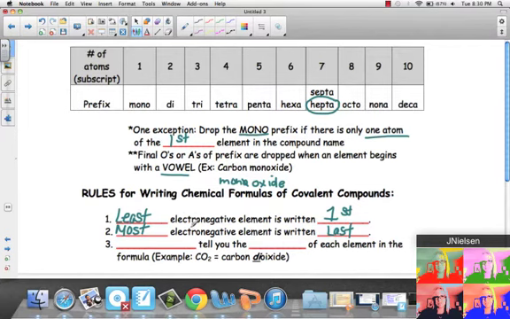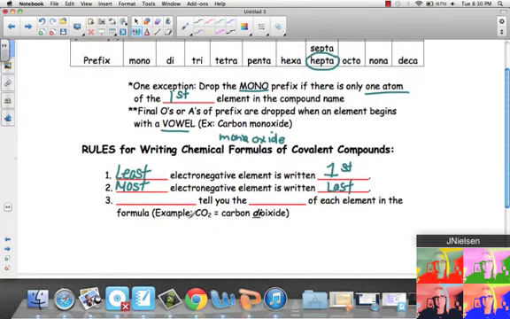So if you have a question about this, you would use Table S and look up the electronegativity of the two elements. So here, if you look at carbon and oxygen, carbon has a smaller electronegativity value than oxygen. So it's least electronegative, it's written first. Oxygen has more electronegativity, so it's written second.